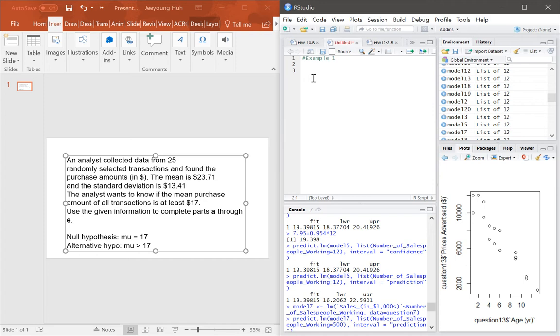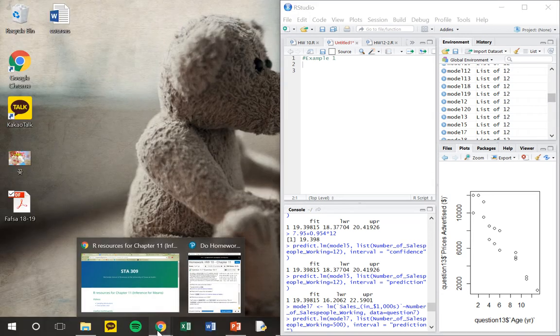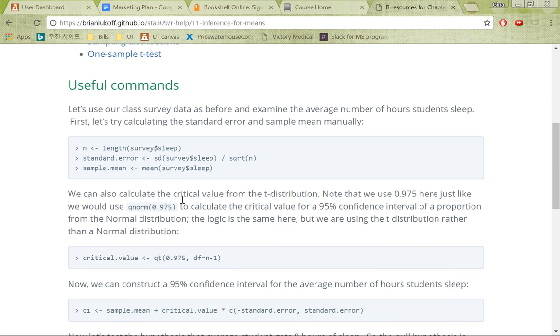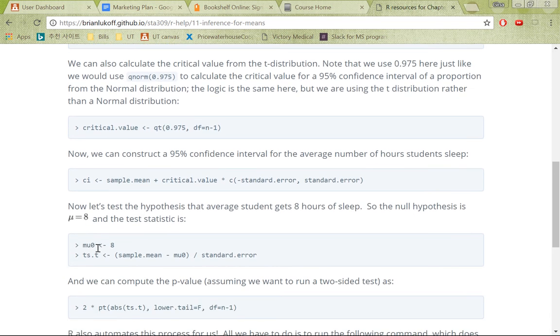Okay. So in our help pages, if we look, it shows you how to find the standard error, which is the standard deviation divided by the square root of the sample size. And we can also find the test statistic by using this function right here.